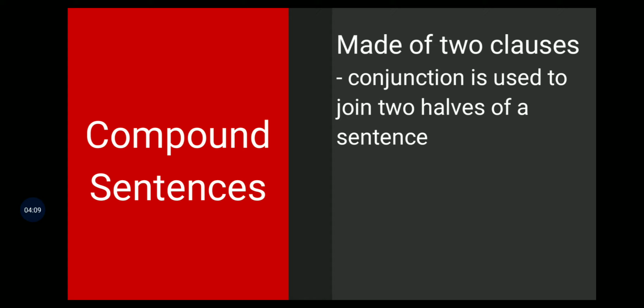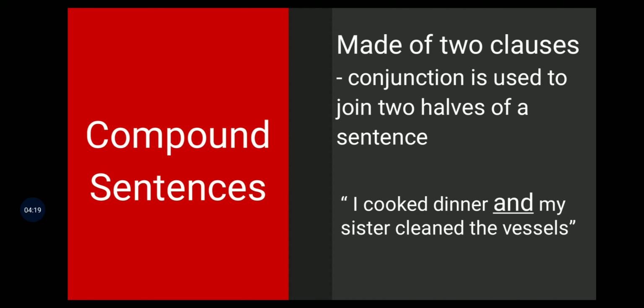So whenever you identify a sentence that has say 2 halves, make use of a conjunction to form it into one single sentence. So for example, I cooked dinner and my sister cleaned the vessels. So you see, we have 2 clauses here. The first part and the second part of the sentence has been merged with the use of a conjunction here. So this is what talks about compound sentences.